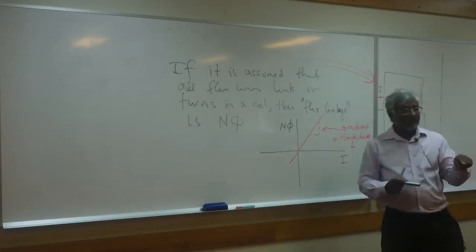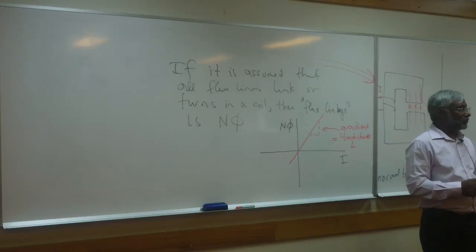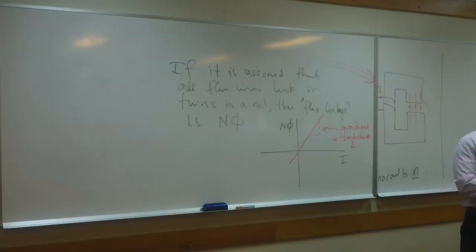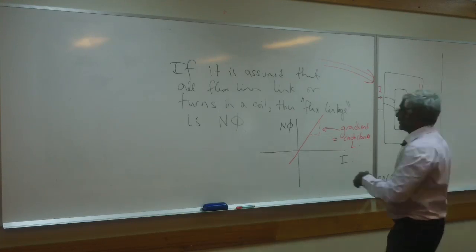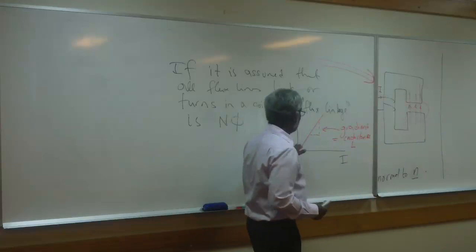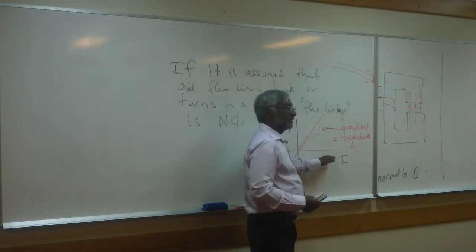And as said before, you will find that this is generally true for things. Resistance is a constant of proportionality. Capacitance is a constant of proportionality. Inductance is also a constant of proportionality. That is, they have been defined for convenience, because people have observed that flux linkage is proportional to current.